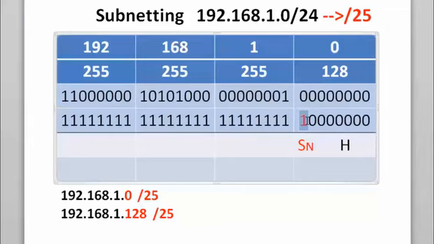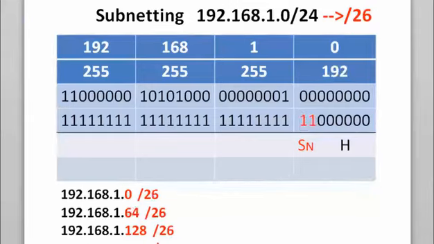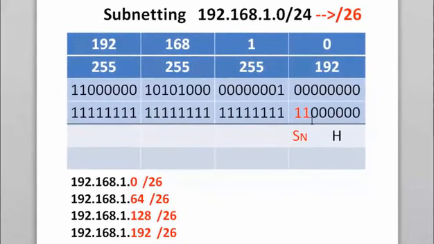The hosts on each network are 126 usable hosts. We have 7 zeros here, and 2 to the 7th power is 128, minus 2 makes 126 usable hosts per subnet. If I decide to borrow 2 subnetwork bits from the host portion of the original 192.168.1.0/24 network, I now have /26.